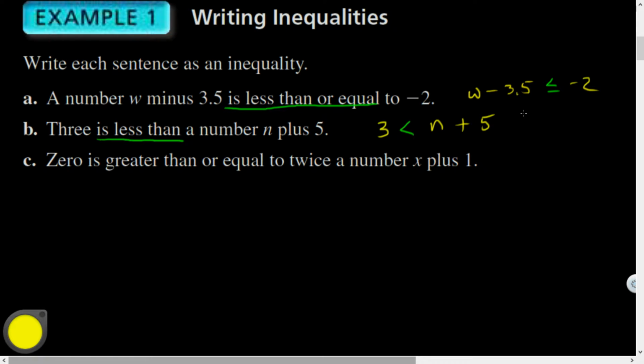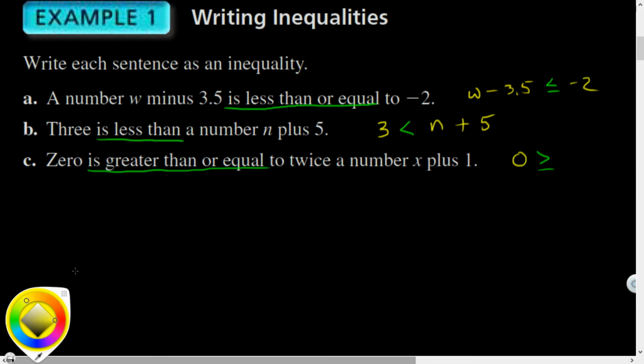All right, 0, I know that number. The relationship is greater than or equal. Let me draw a better underline. So that'll be the greater than or equal to sign. Twice a number x, so that's 2x plus 1.